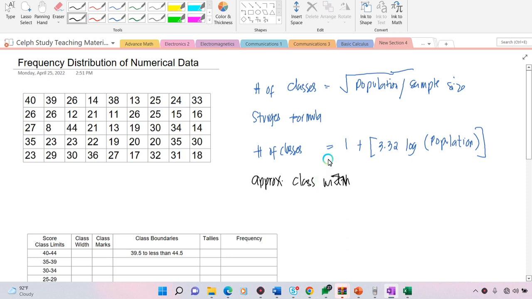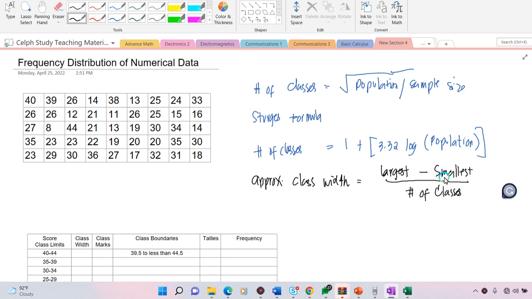So that is equal to the class width: the largest value of observation minus your smallest value, divided by the number of classes. So this is the approximate class width consideration.